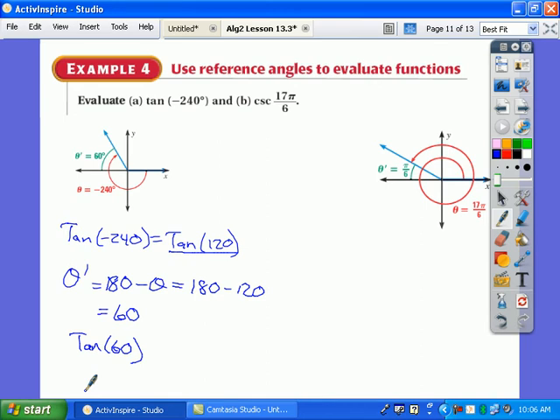So to get the exact answer, we need to remember this guy. This is our 30, 60, 90 triangle. If this length is 1, this length is 2, this length is radical 3. Okay. So using this triangle, what is tangent of 60?